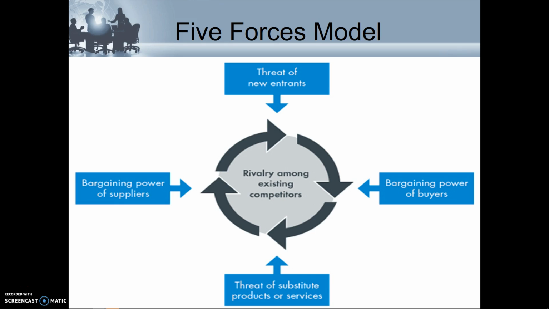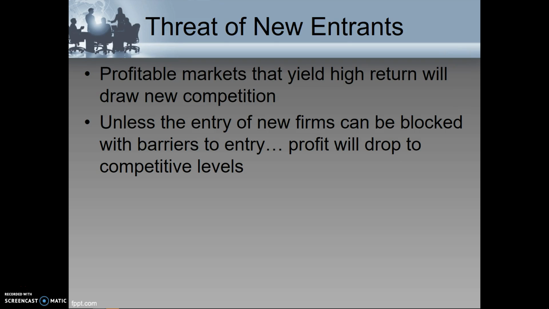So we have a threat of new entrants coming into the industry, which makes for new competition. We also have a threat of substitute products or services that could take some of your customers away from your particular product and move them toward those other products or services. Then we finally have the influence of the buying power and the bargaining power of the suppliers that act on your industry as well. So we'll take a look at each of those a little more closely.